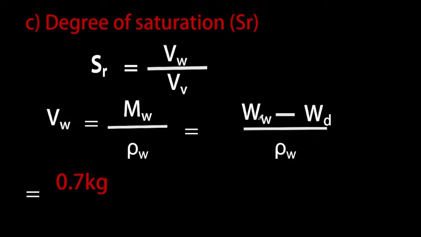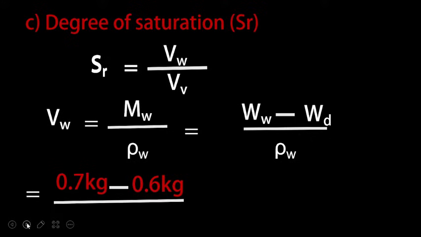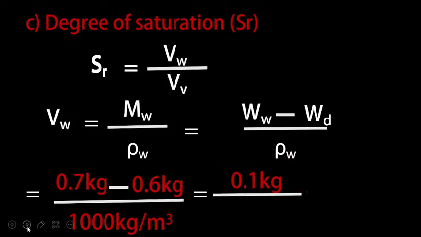MW can be calculated by subtracting the weight of the dry soil from the weight of the wet soil. So if we subtract it, which is 0.7 kilogram, weight of the wet soil, minus weight of the dry soil, 0.6 kilogram, divided by density of water, we have 0.1 over 1,000.